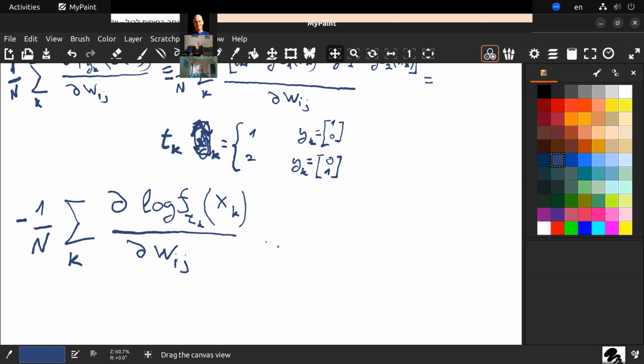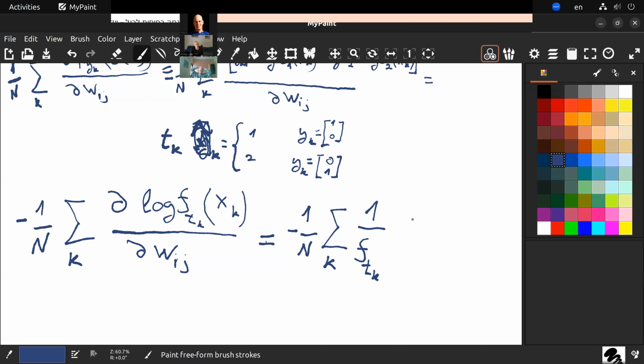We hope so. Okay, so let's continue. We know how to differentiate the log function, right? But we need the chain rule here. So this is sum over k, and this is 1 over f_tk of x_k. I know it is tedious, but I think it's important to see it's kind of complex.